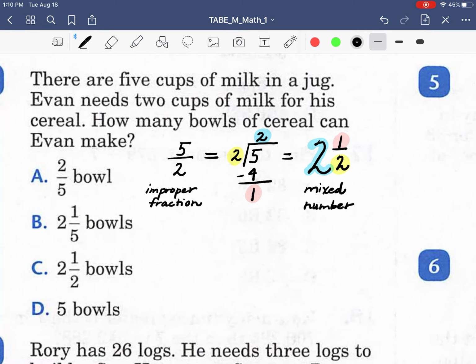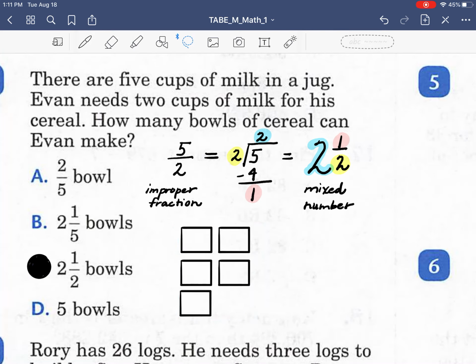All of that is the same thing. We're just putting it in different forms depending on the form that we're asked to find. So our answer here is C. He could have 2 bowls and a half a bowl, but he doesn't have enough for that third bowl. 2 1/2 bowls of cereal.